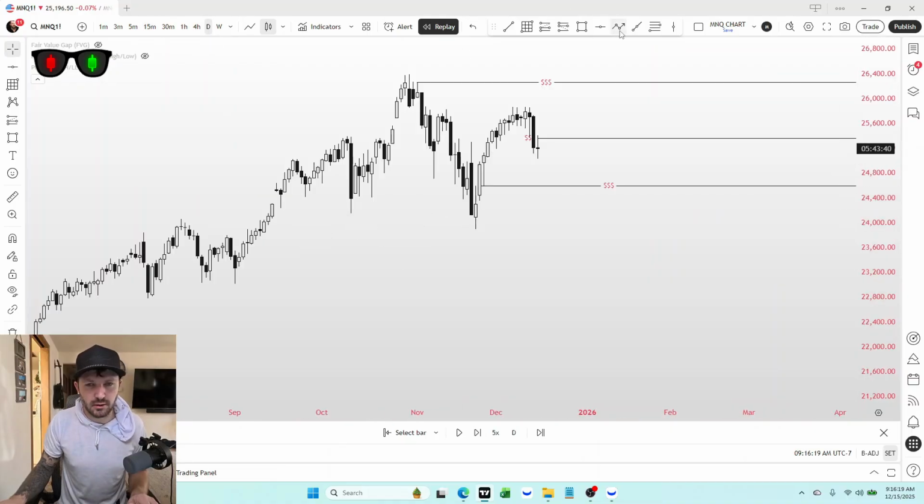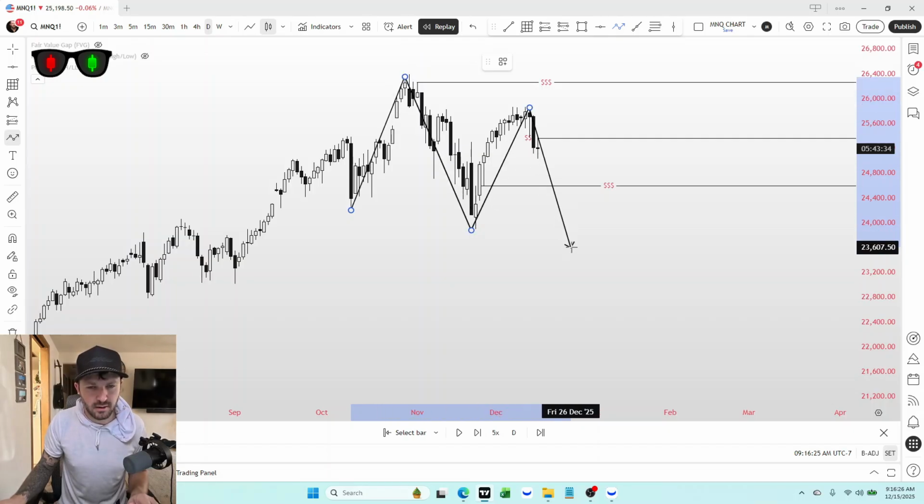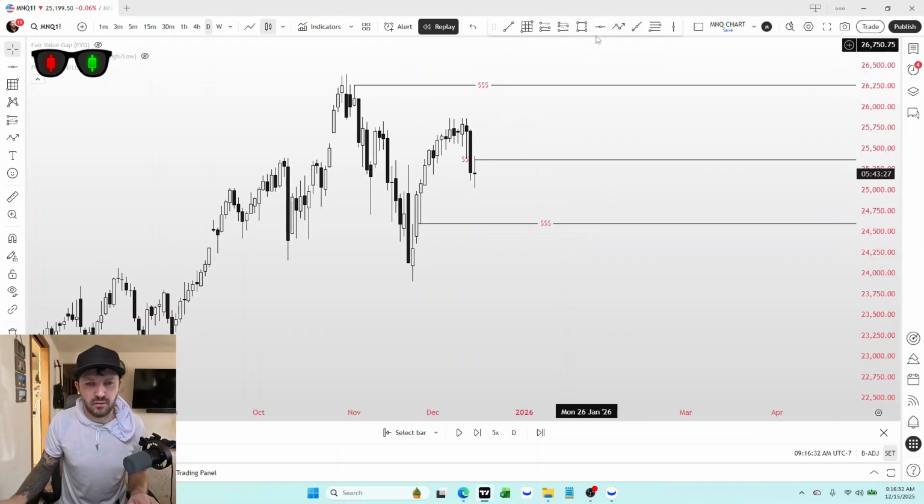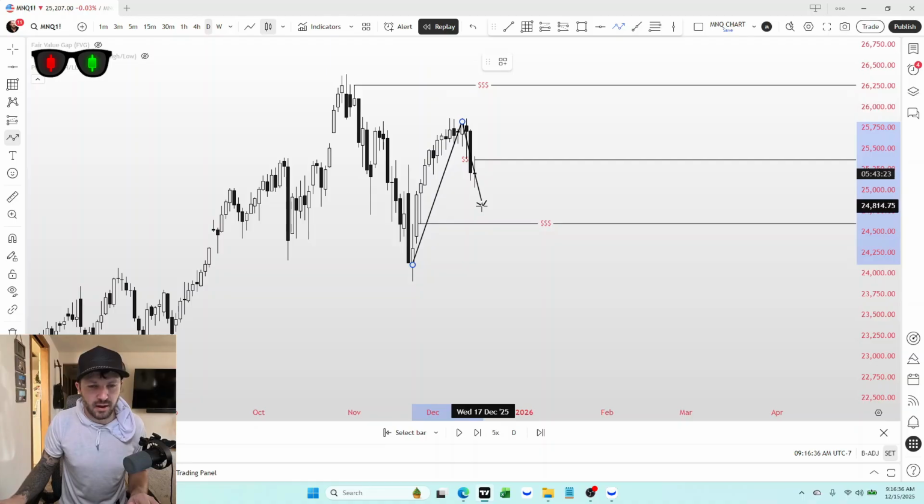Market structure here on the higher time frame: we have a low, a high, a lower low. This could be a lower high into another lower low, so that would be bearish structure. But I'm not too convinced that this isn't just a low and then a pullback to create that higher high.